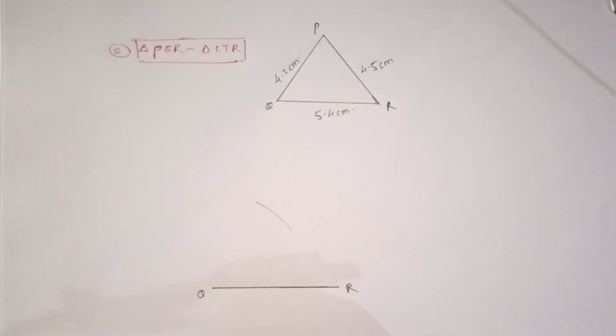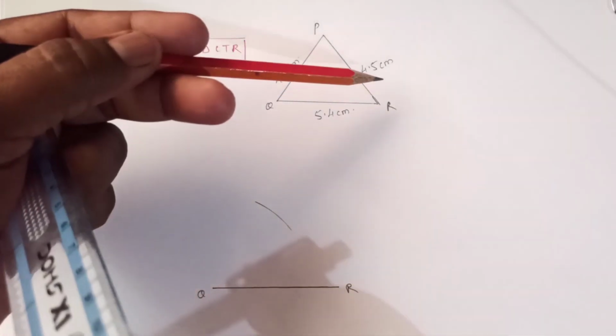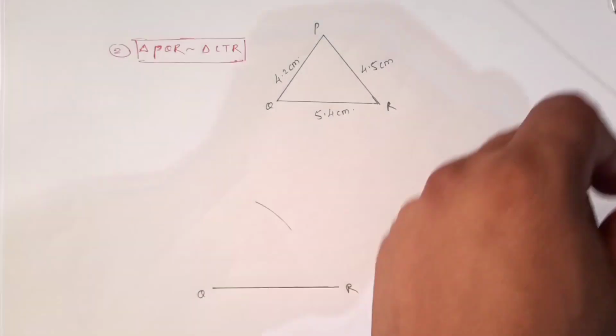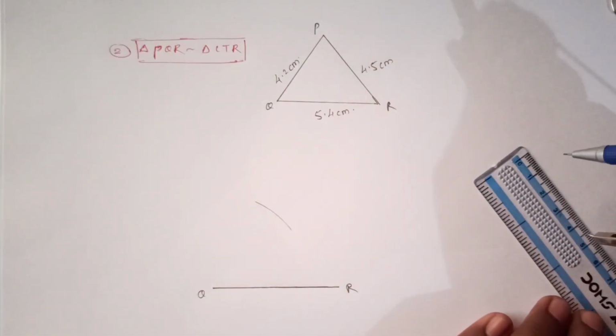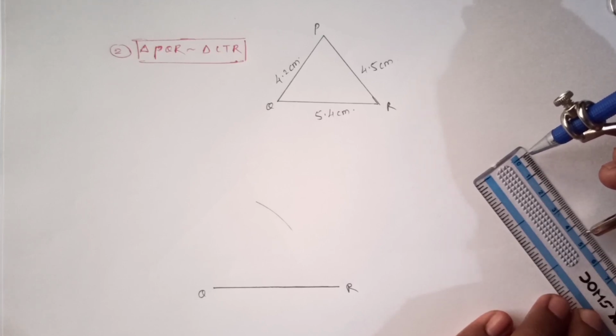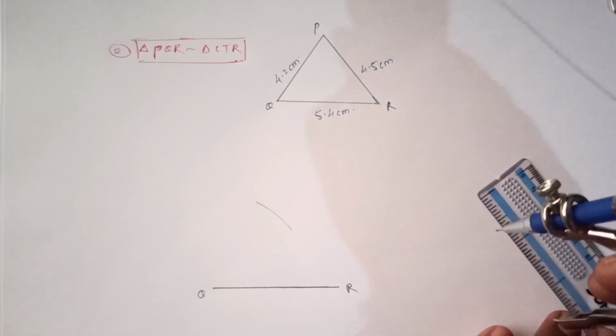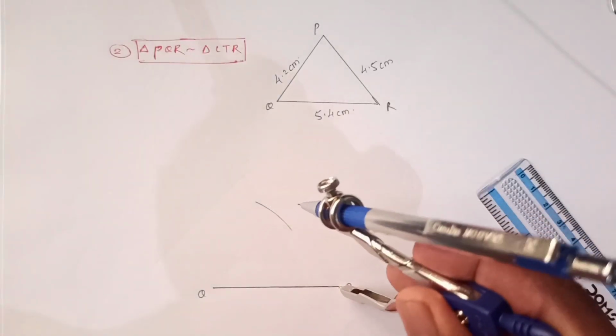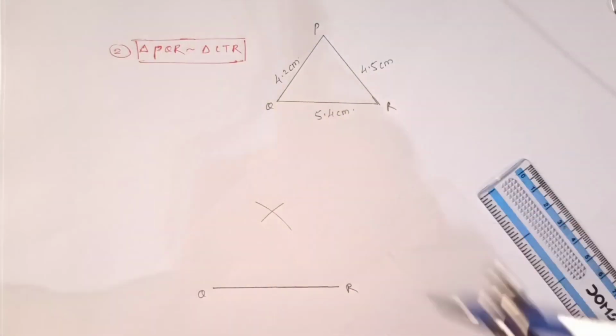Now point P is at 4.5 centimeter from this R. So let's take that 4.5 centimeter in the compass, hold it on point R and intersect the first arc.